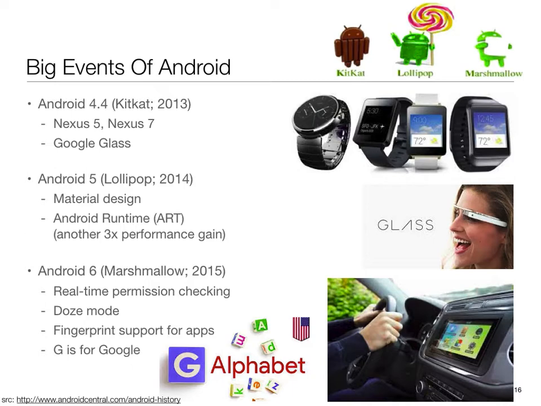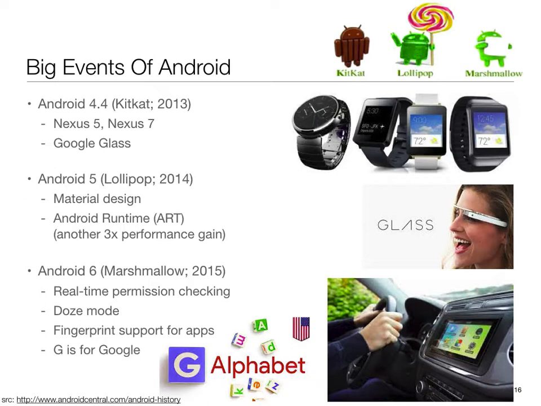And then in 5, Lollipop, they had a lot of material design, and they had Android Runtime, which was another 3 times performance gain. And then when Marshmallow came out, they had real-time permission checking. A lot of security research at this time was on permissions. We'll go over permissions in a bit, but you would essentially give permission to any app, and it would have access to whatever permission you gave it for the rest of its life cycle.